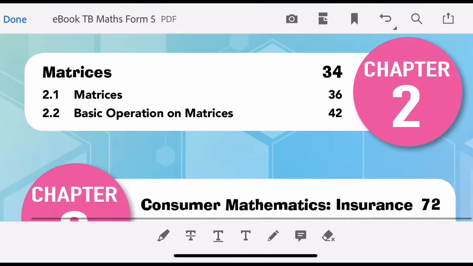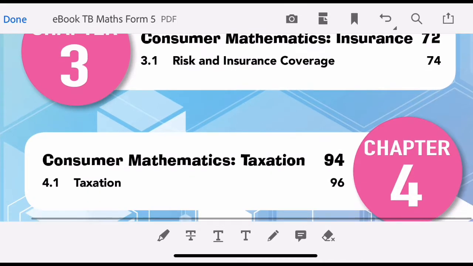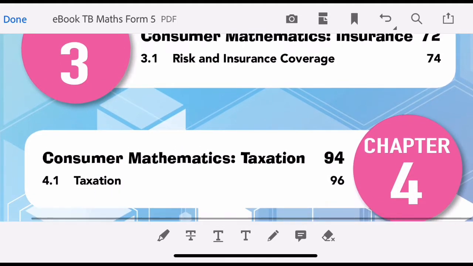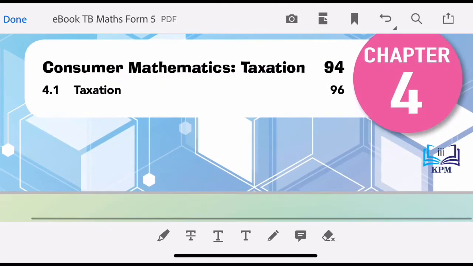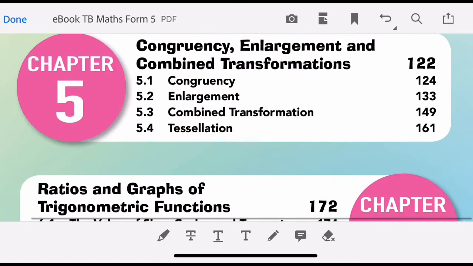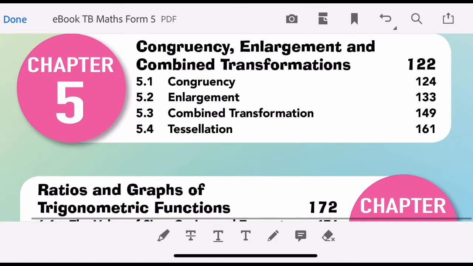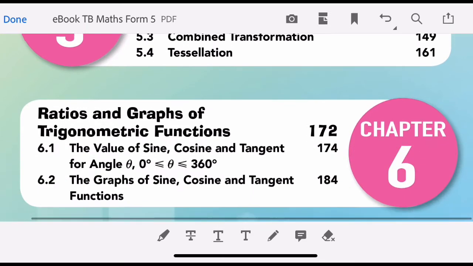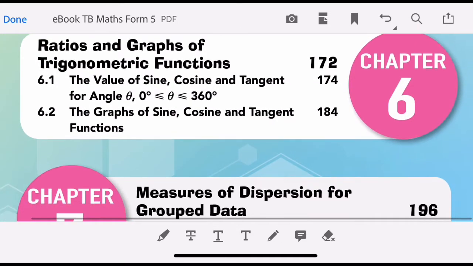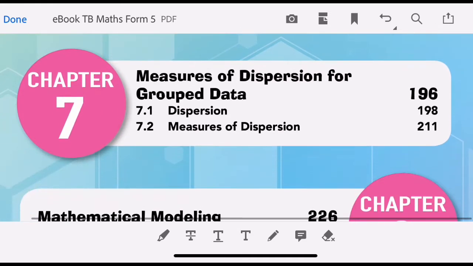For chapter 2, we have matrices, also very easy, and we have consumer mathematics, insurance, and we have congruency, enlargement, and combined transformation. Congruency, enlargement, combined transformation, and tessellation is a totally new syllabus, which is very interesting.